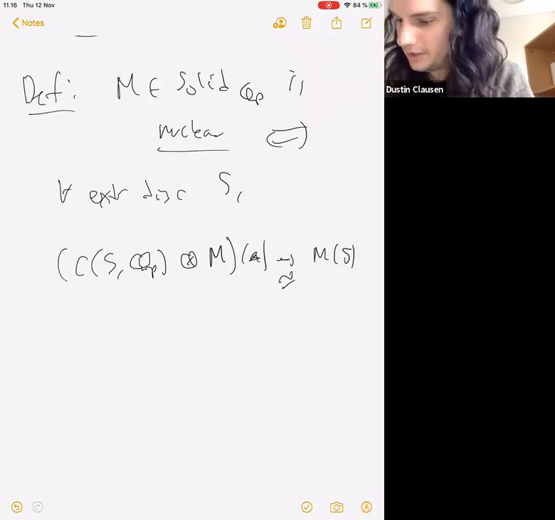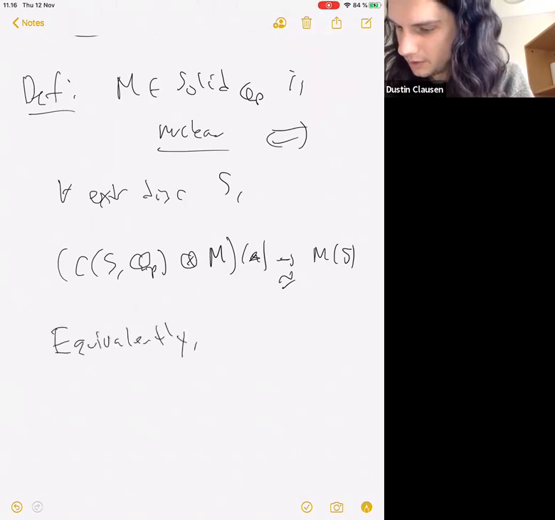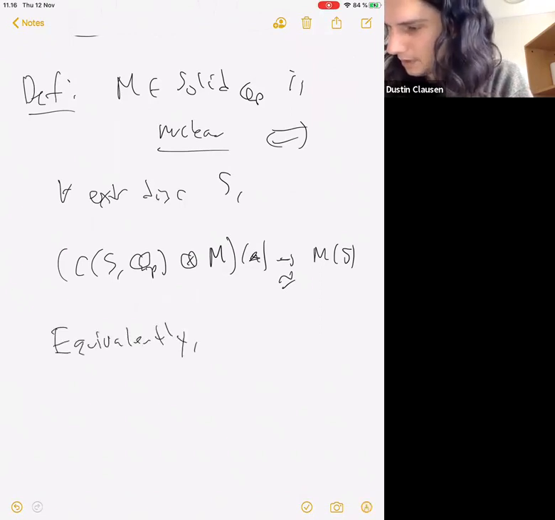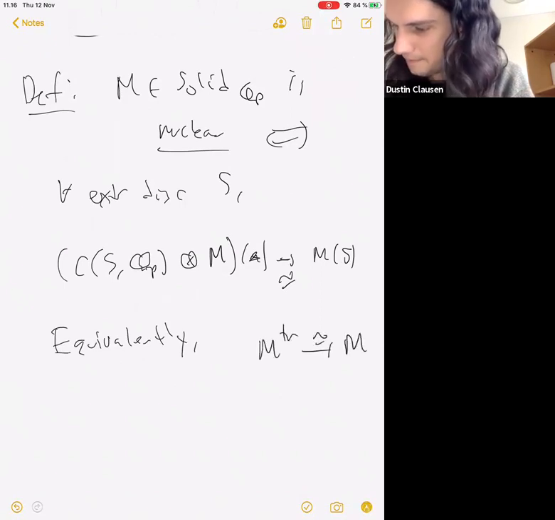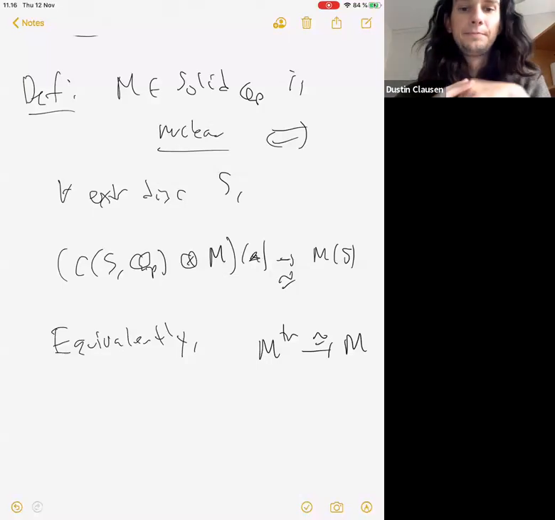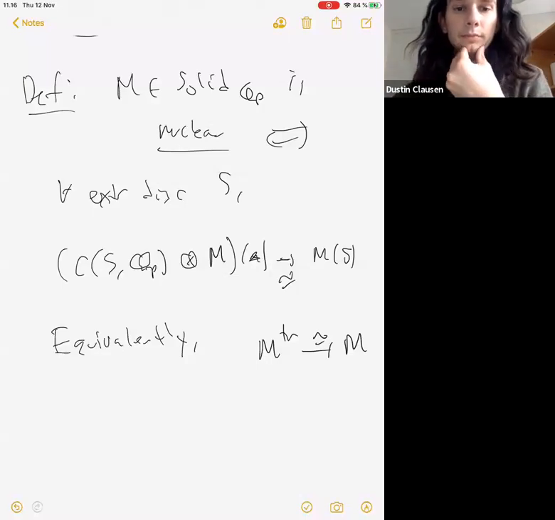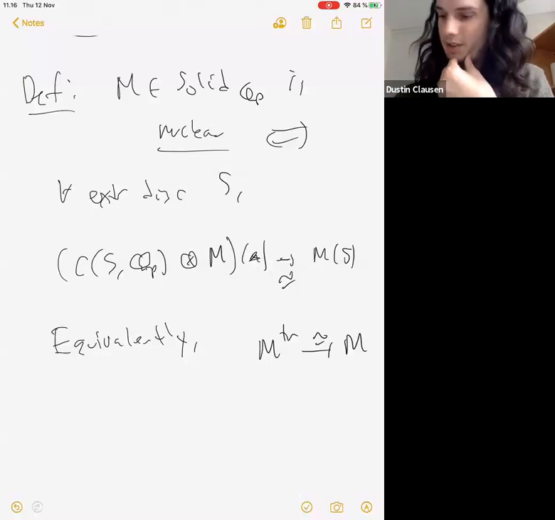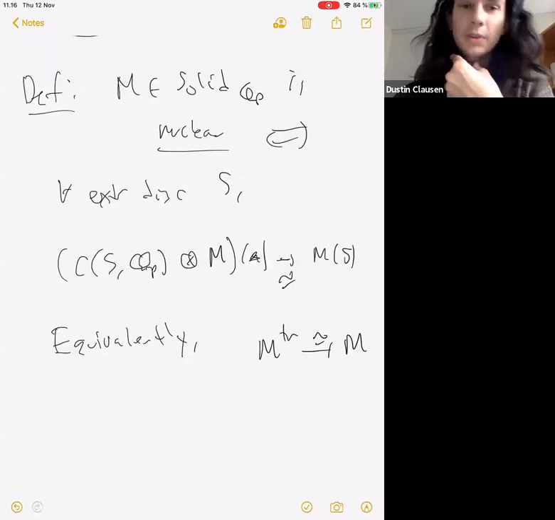Or equivalently, in terms of the notation I just introduced, M^tr maps by an isomorphism to M. This was just the definition of the S-valued points of M^tr.